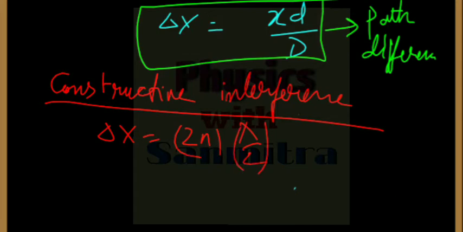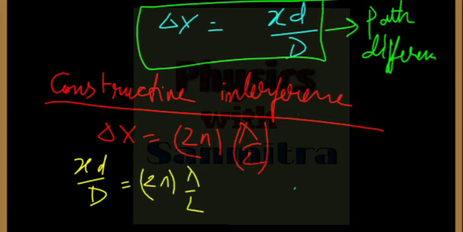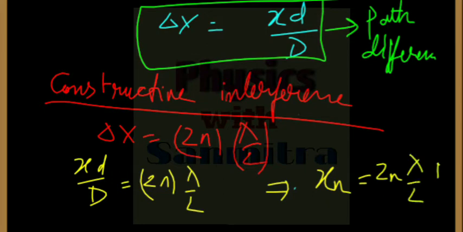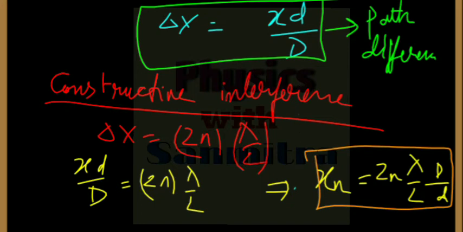Now we can write here x d by D is equal to 2n into lambda by 2, which implies that x subscript n, that is 2n lambda by 2 into capital D by small d. This is the distance from the center at which a bright fringe will occur.